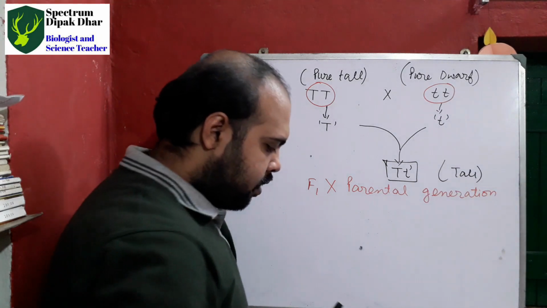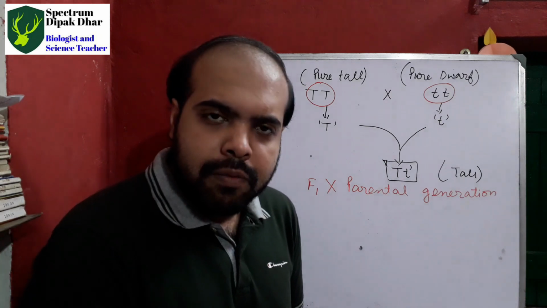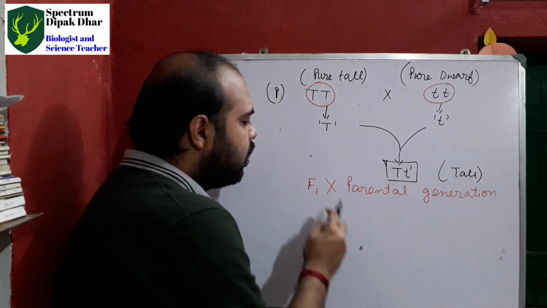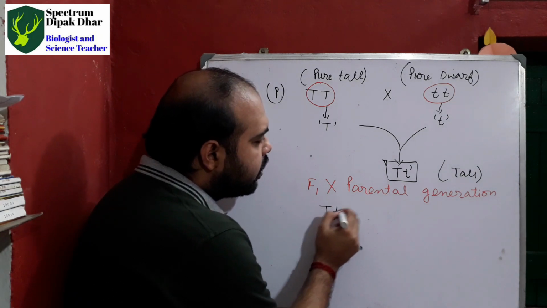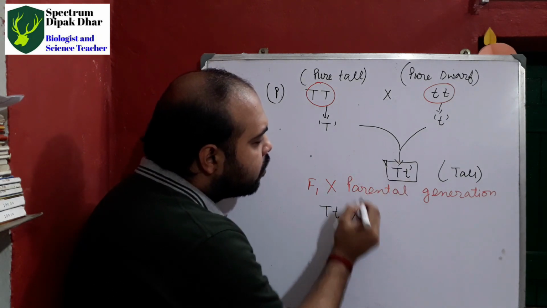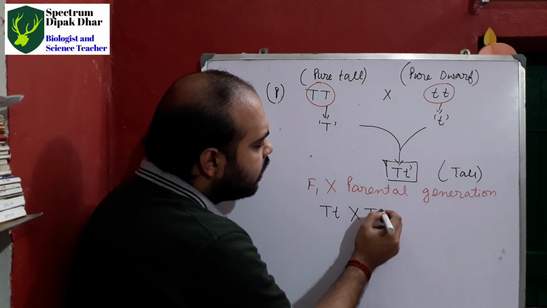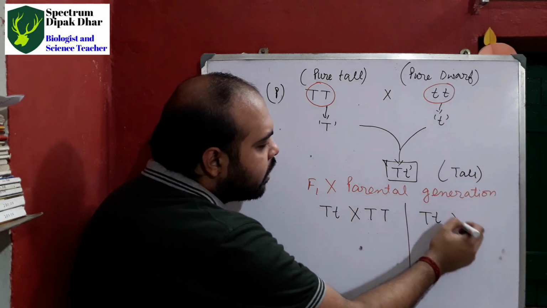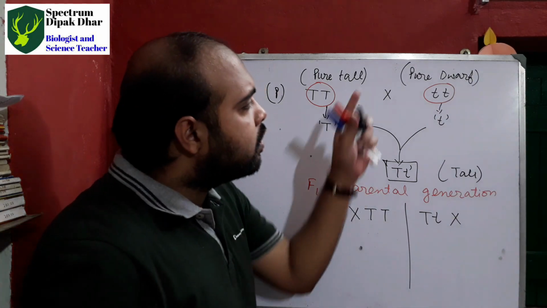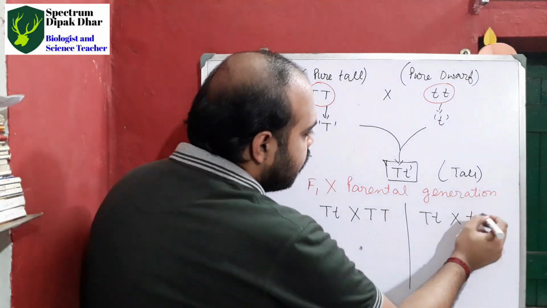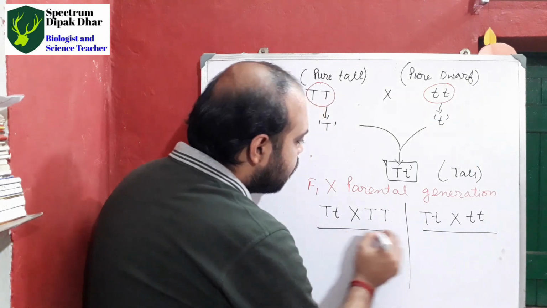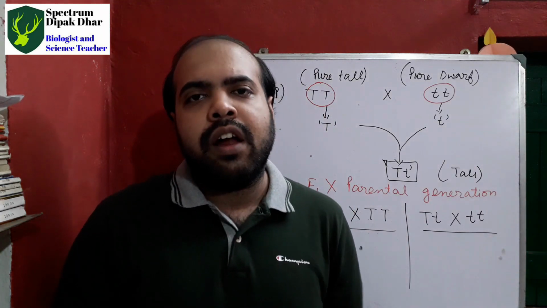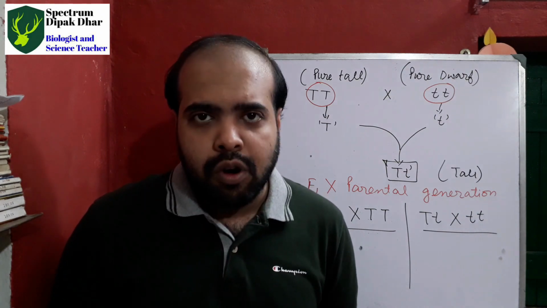There are two examples of back cross in this explanation. Capital T small t, the F1 generation, can be crossed with this parent, and capital T small t can also be hybridized with the other parental generation. Both of these hybridizations are examples of back cross.